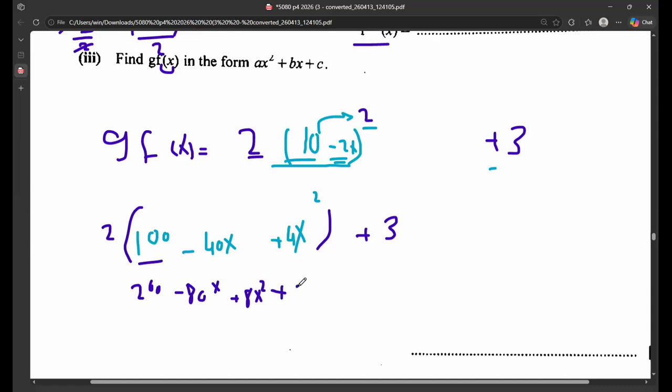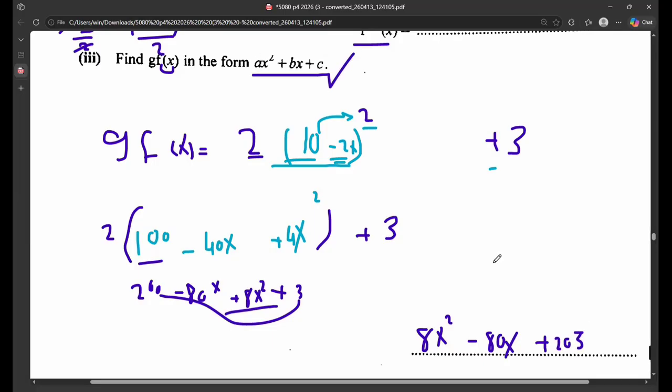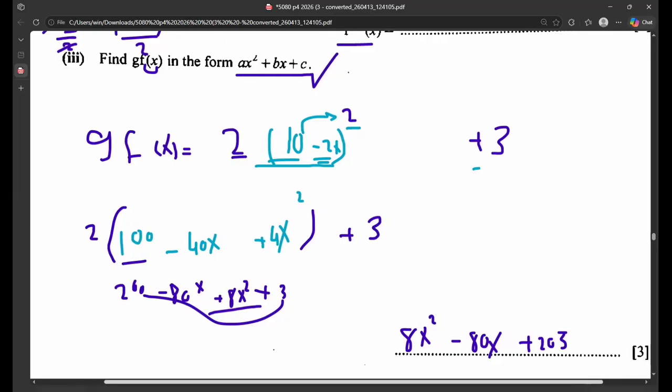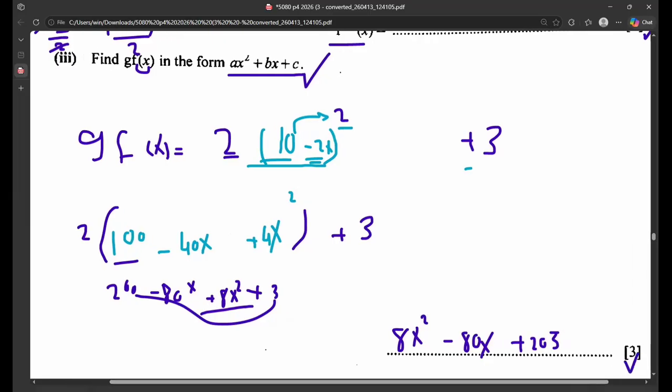Now I'm going to take this 3 and add it to the 200 here, and we organize it with the x squared first, minus 80x here, then plus 203, and we get it in the form of ax squared plus bx plus c as he needed here. So 3 marks.